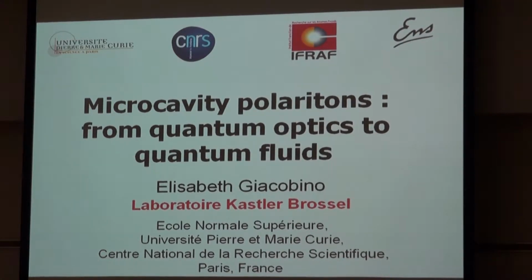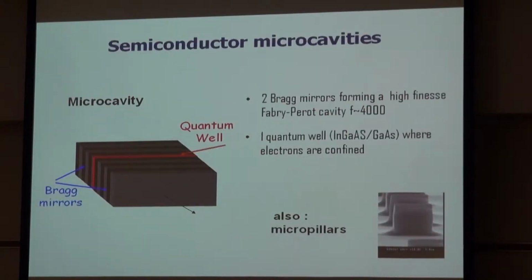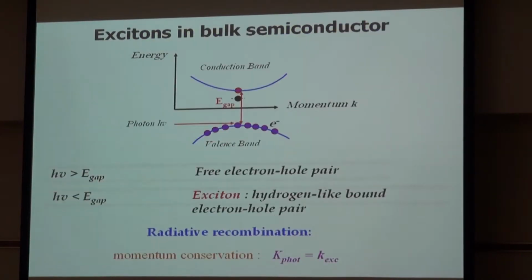It's a pleasure for me to talk to you about microcavity polaritons, which are strange objects that can be considered as atoms or photons, depending on what you want to do. So what is it about? It's a semiconductor microcavity, with a quantum well, a very thin layer of, in that case, indium gallium arsenide placed between mirrors.